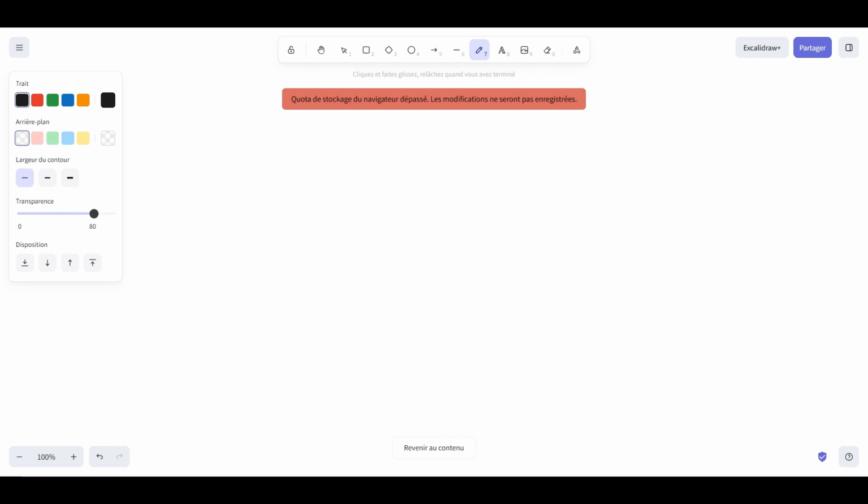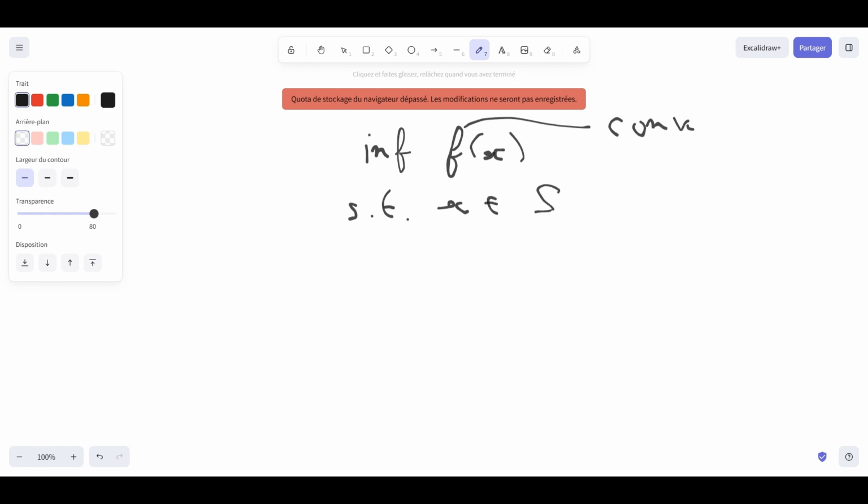First, I want to tell you that in convex optimization, we are interested in problems of the form inf of f such that x is in S. Okay, so that's the main thing we're interested in here, where f is some convex function and S is some non-empty convex set.